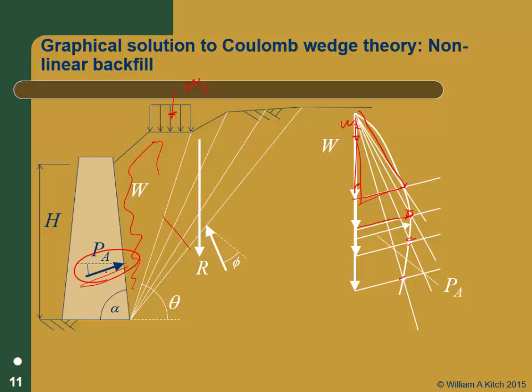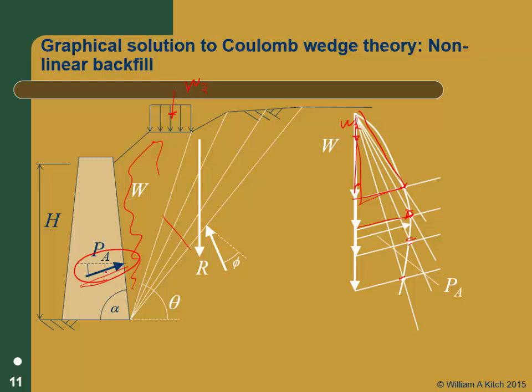But the big difference is wall friction. Other than that, the assumption is the same. For the soils, we're still using the Mohr-Coulomb failure criteria. We're still assuming that the failure surface is planar. By the way, you can do this when there's cohesion.